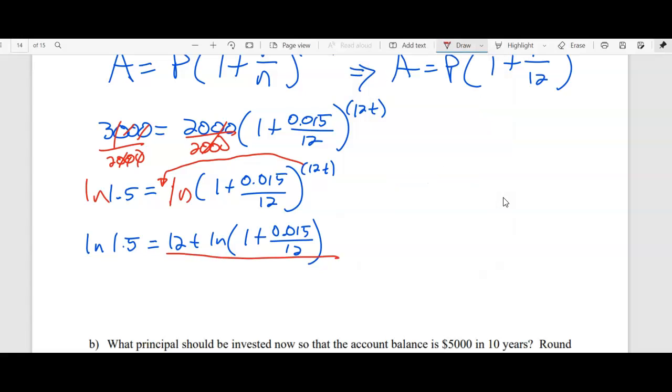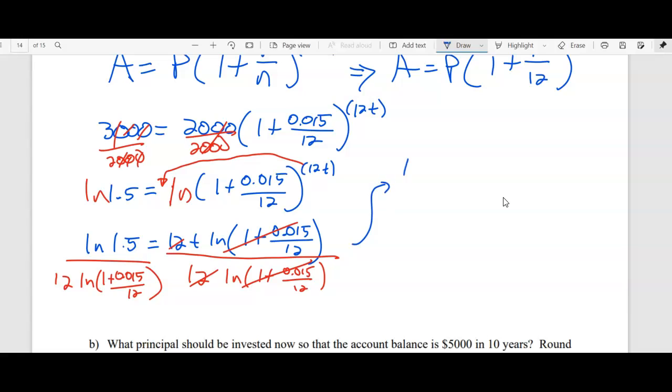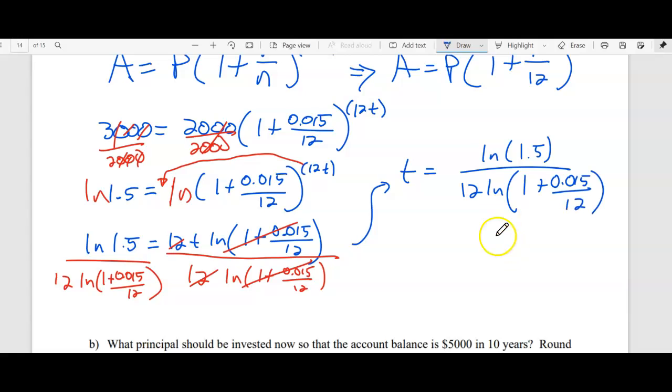If I divide by the 12 and this natural log factor on both sides, I have finished isolating t. There it is, t. This is my final answer. This is the exact answer.